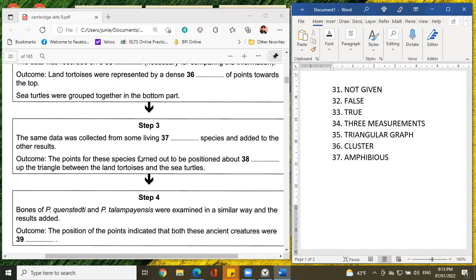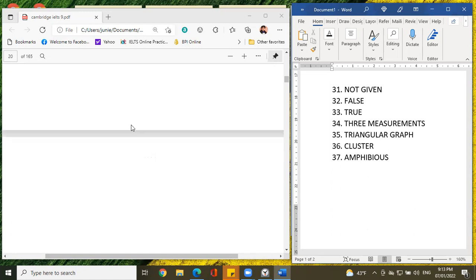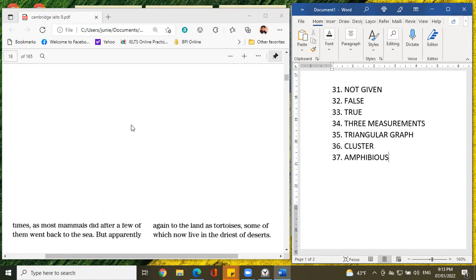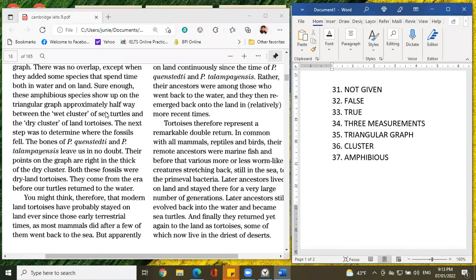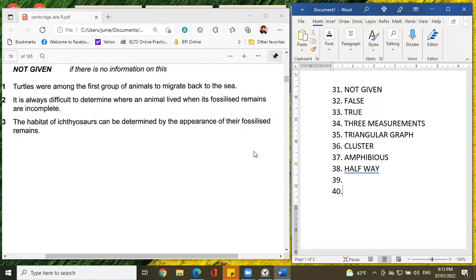The points of these species turned out to be positioned about blank of the triangle between the land tortoises. Halfway. Halfway. Yahoo. 38. Halfway. 39.